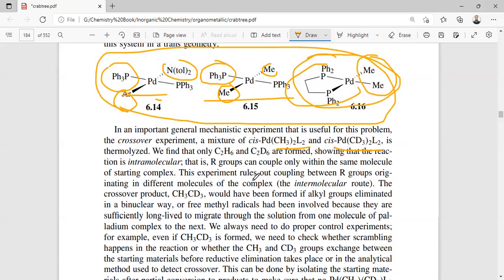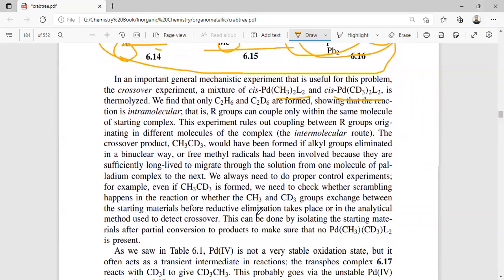This experiment rules out coupling between R groups originating in different molecules of the complex. The crossover product CH3CD3 would have been formed if the alkyl groups were eliminated in a binuclear way, or if free methyl radicals had been formed, because they are sufficiently long-lived to migrate through the solution from one molecule to another.